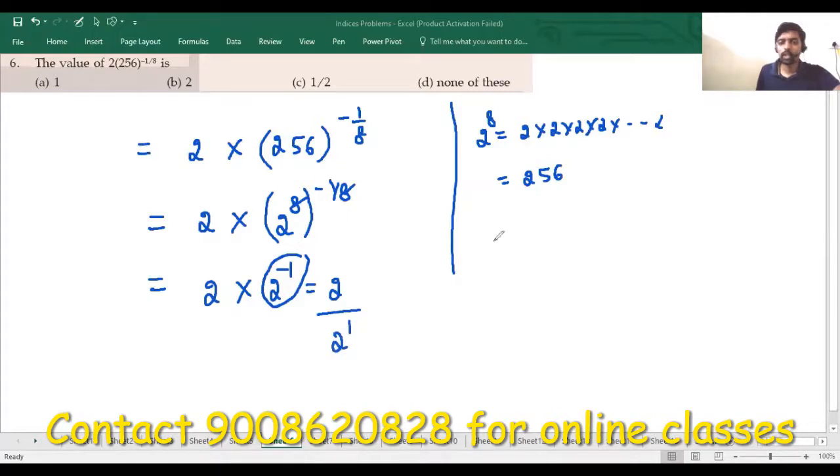The sign will change, correct? How? Like this. A to the power minus m can be written as 1 upon a to the power plus m. Correct? If you send this to the denominator, the sign will change. So even here, 2 divided by 2 to the power minus 1 becomes plus 1. So now 2 divided by 2 is 1. Option A.